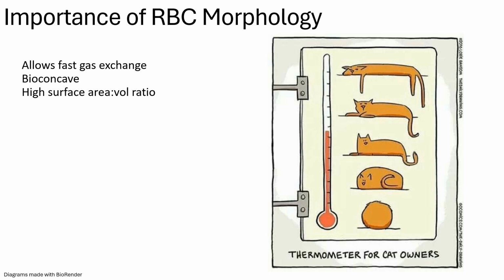The volume, as I said, is limited by the available amount of surface area of that biconcave shape. So the ratio of surface area to volume needs to be maximized. The biconcave shape does that, and by doing that, it allows for fast pickup and fast drop off of oxygen.